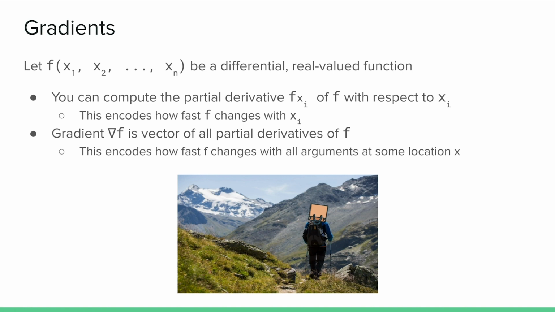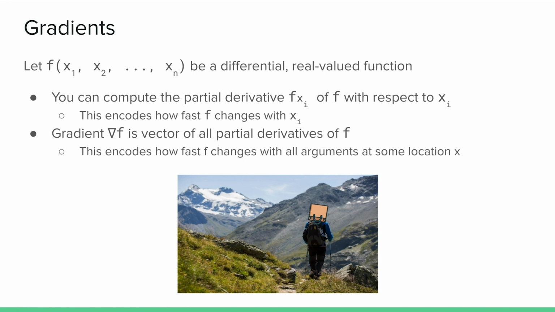So let's talk about gradients, because this is the fundamental idea of gradient descent, and I've already given you the basic idea of the landscape that we navigate through. Let f be a differentiable real-valued function, in our case the loss function, the mean squared error or the cross entropy loss. Now you can compute the partial derivative of f with respect to x_i. We can say, if I change just this one parameter x_i, what difference does it make for my function?